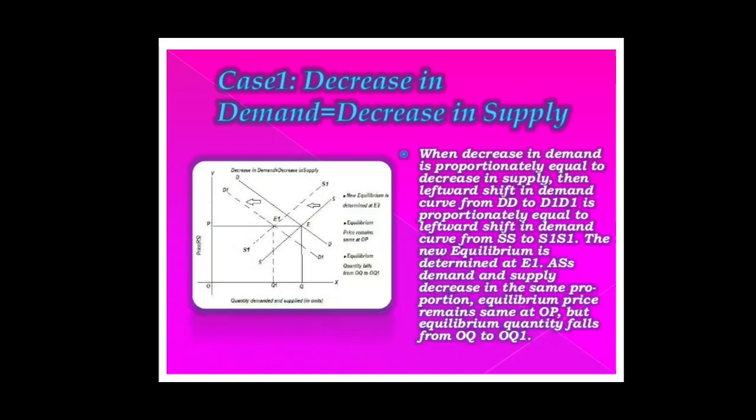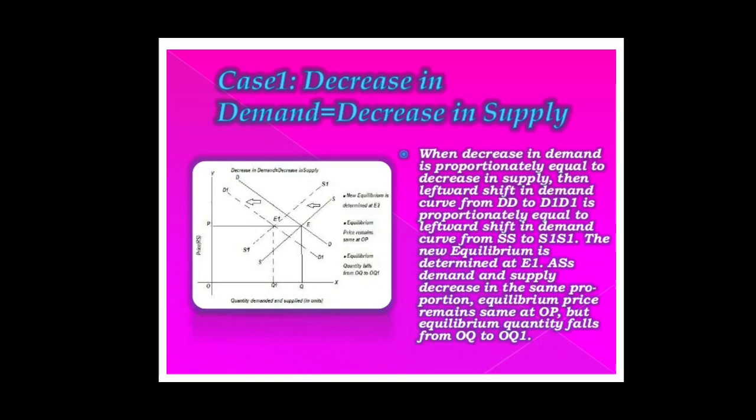When decrease in demand is proportionately equal to decrease in supply, then the leftward shift in demand curve from DD to D1D1 is proportionately equal to the leftward shift in supply curve from SS to S1S1, as can be seen from the figure.